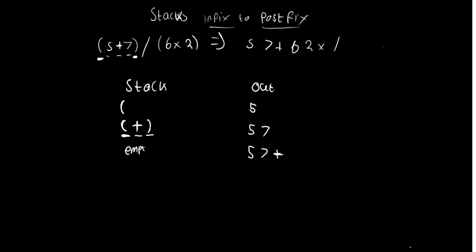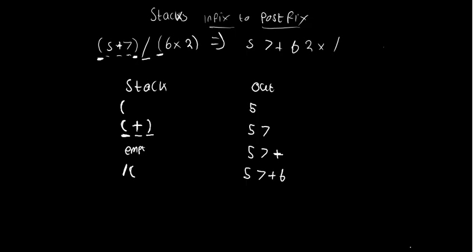You can add them there if you want, but let's not bother much with that. Okay, so now that we have that, next thing is we're going to add the division to the stack, right? We're going to add division and the open bracket there. So division and open brackets, and then our output is going to be 5, 7 plus 6, right?